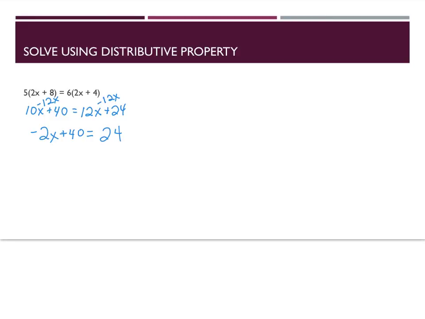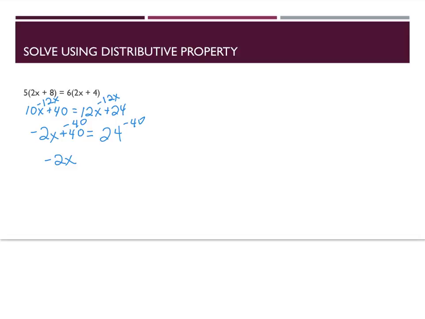Now the only term that has an x in it is the negative 2x there on the left. So now I need to work on getting that by itself. I need to get rid of this plus 40 by subtracting 40 from both sides of the equal sign. On the left, nothing combines with negative 2x, so I bring that down.